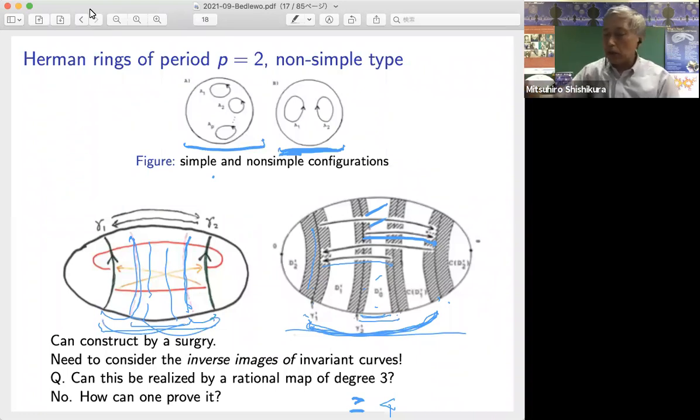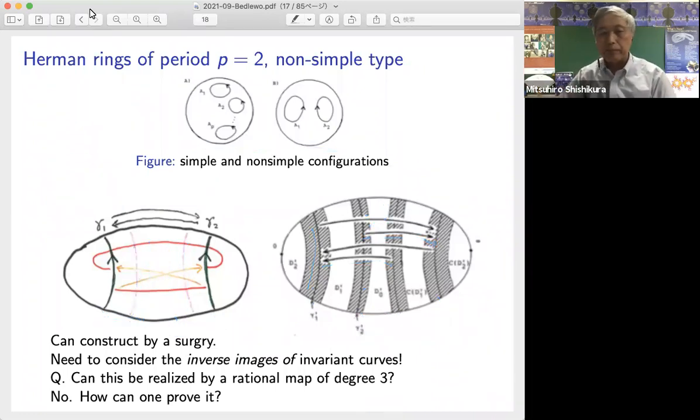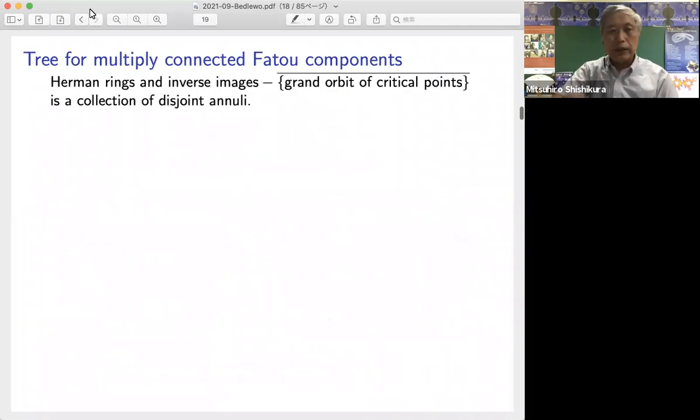So in order to solve these problems, I would like to introduce the following notion. Okay. So let me stop the discussion about the Herman rings, but I'm continuing with Herman rings in a more general setting.